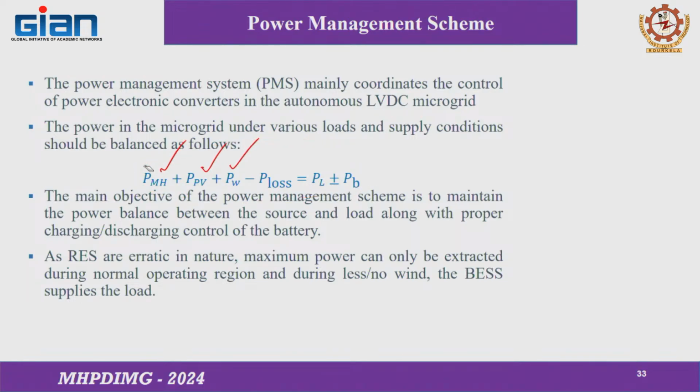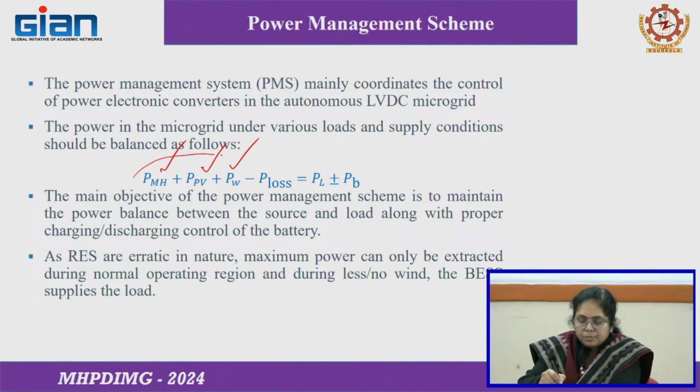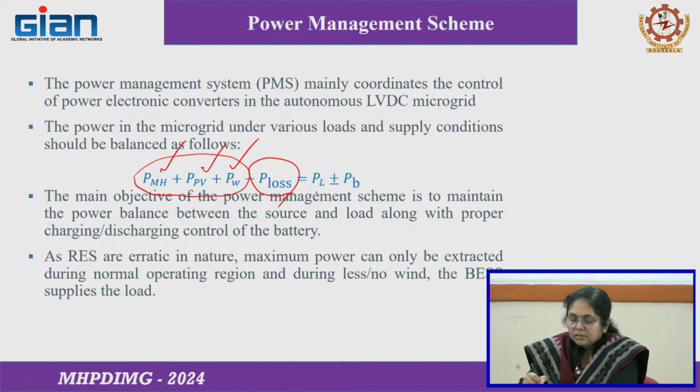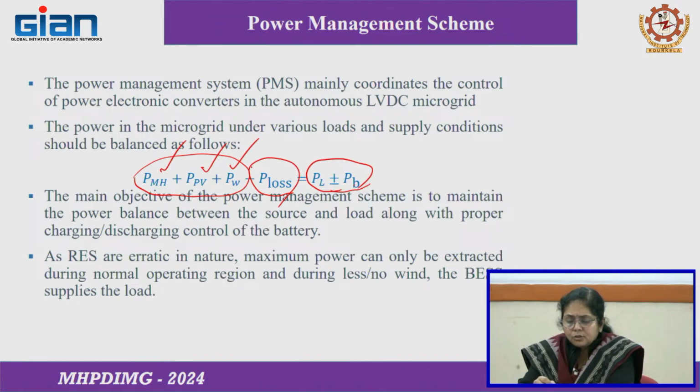For any number of sources, the total incoming power minus the losses occurring in the system should be equal to the load power plus or minus the battery power. When there is excess source power the battery will store, and when there is a deficit of power the battery will supply. This is the power management we have to implement.